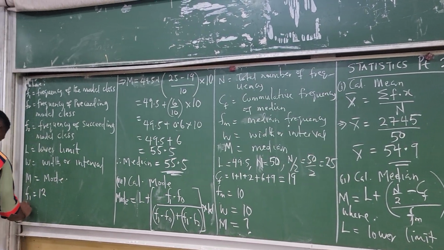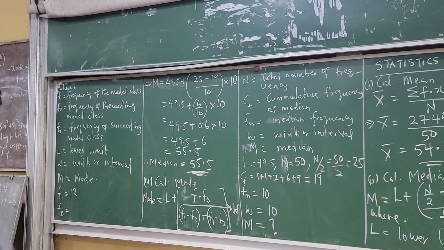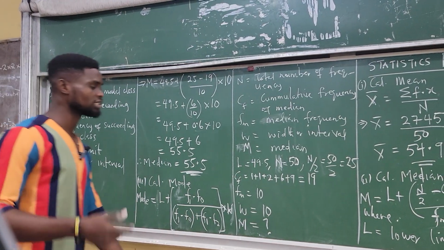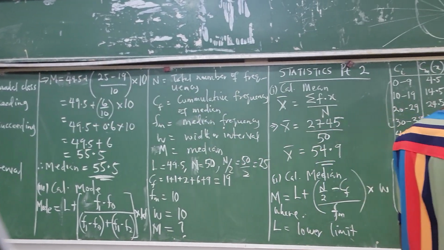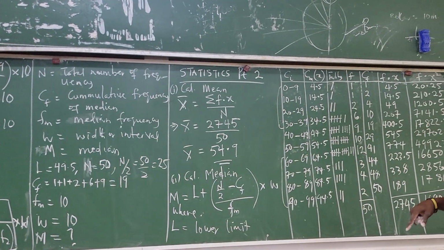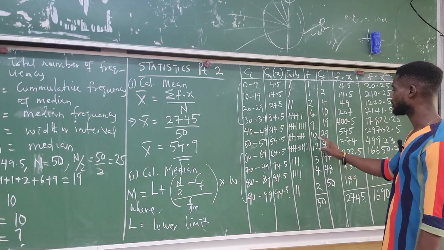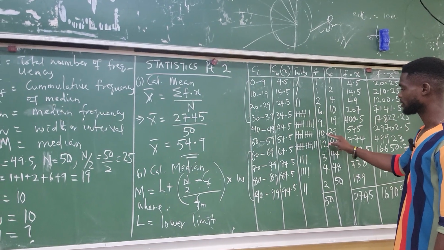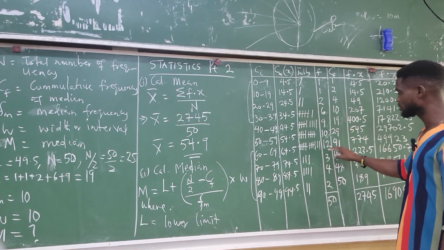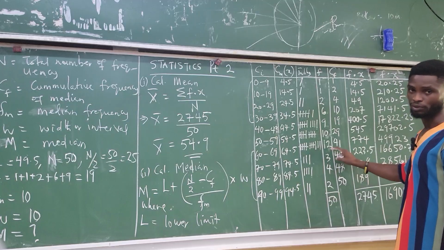So F0 is the preceding, the frequency before the modal frequency, that is the highest frequency. What is the preceding? F0 is 10, because 10 is preceding this highest frequency.